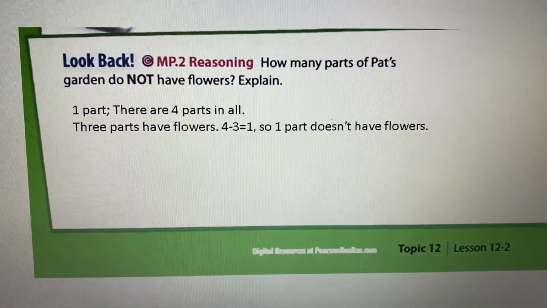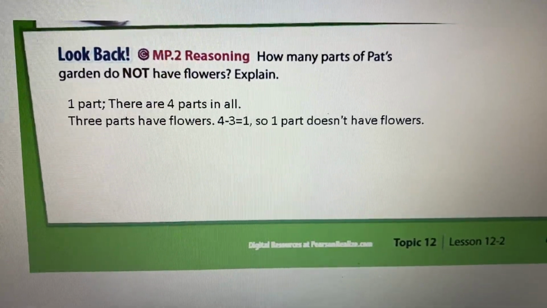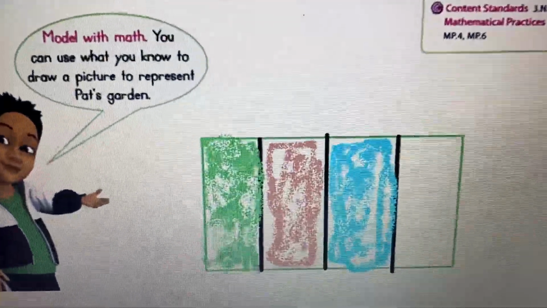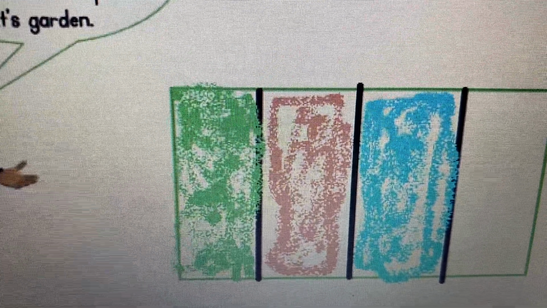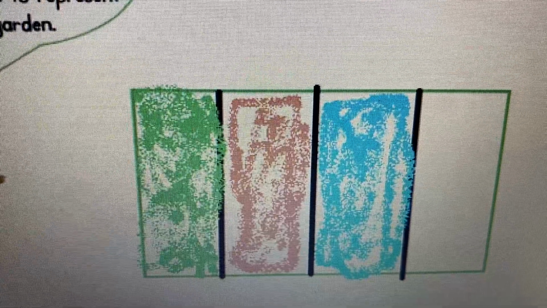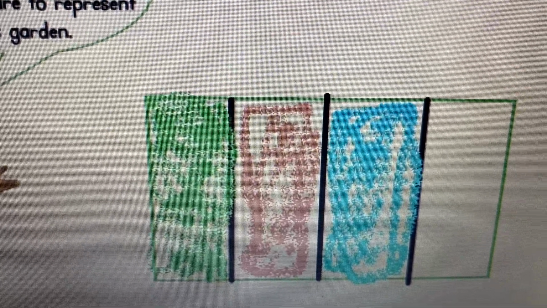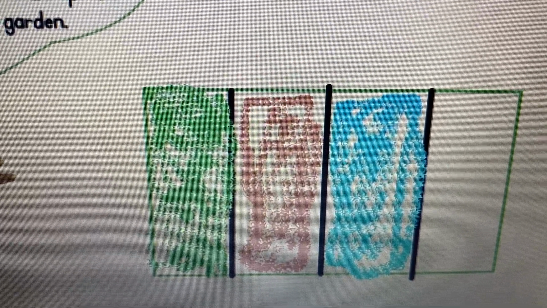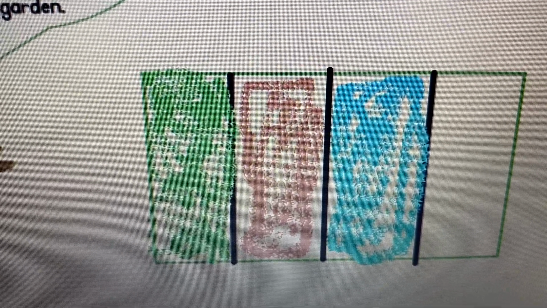How many parts of Pat's garden do not have flowers? Explain. Let's go back to the shape. How many parts are not planted? Only 1. The green, brown, and blue parts are planted, so there are 3. 4 minus 3, I will have 1 unshaded part, so it's not planted.